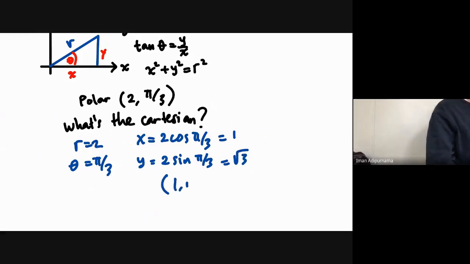So the Cartesian is (1, square root of 3). It's pretty simple if you just convert the coordinates. You can also convert the equations using the same method.